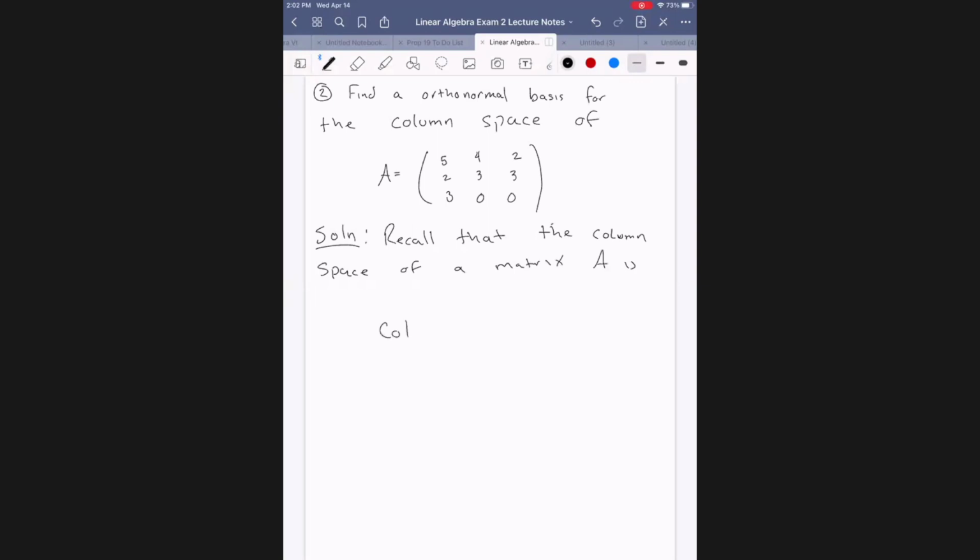Col(A) is equal to... So you guys have to know the terms, right? You can't just not know it.